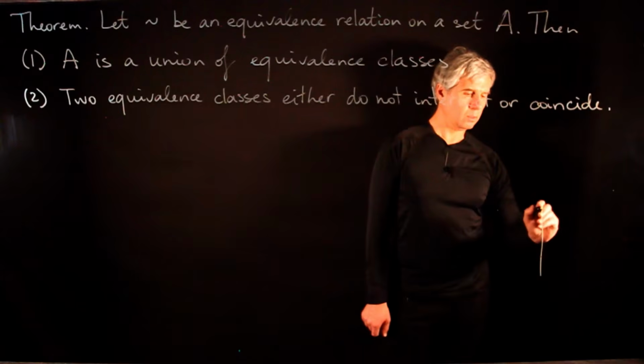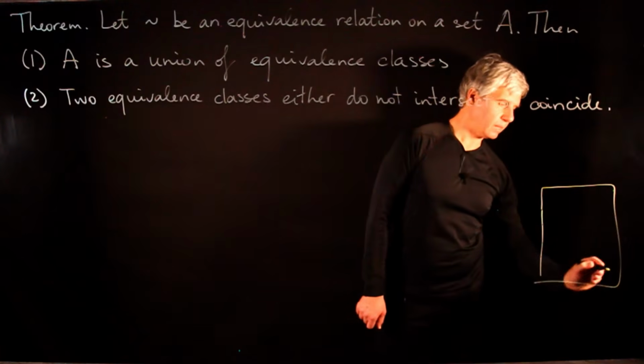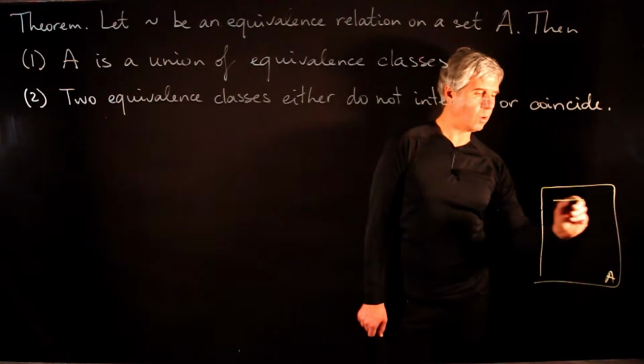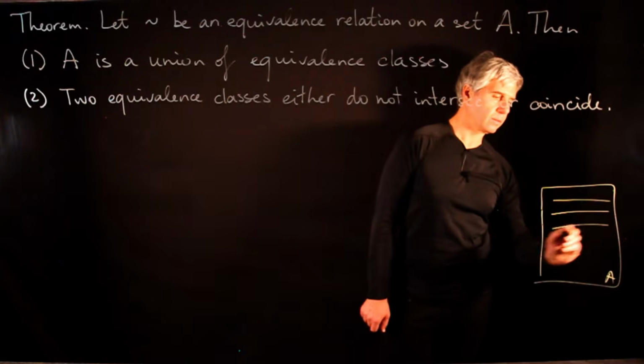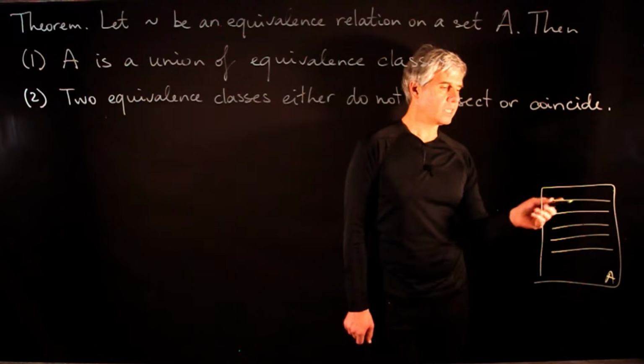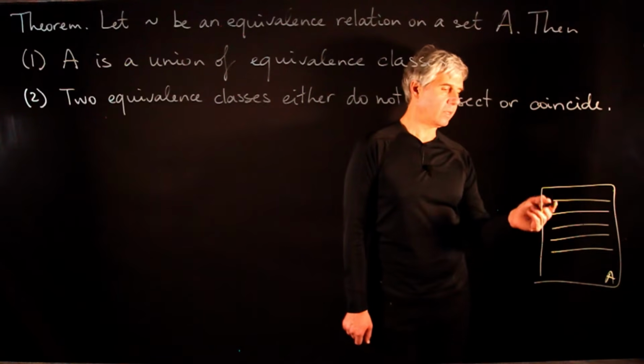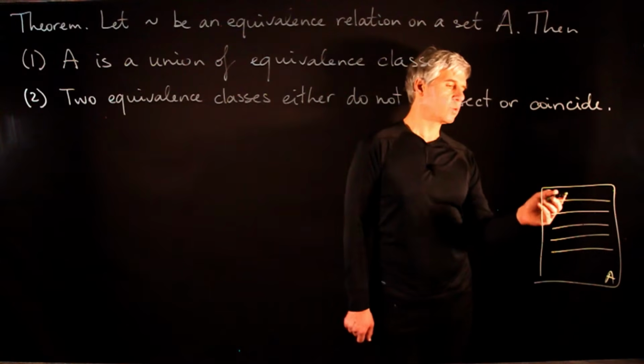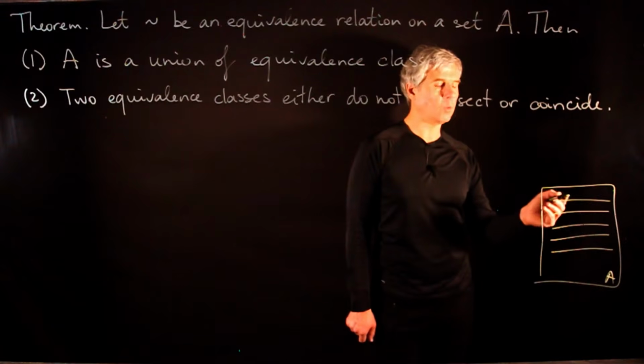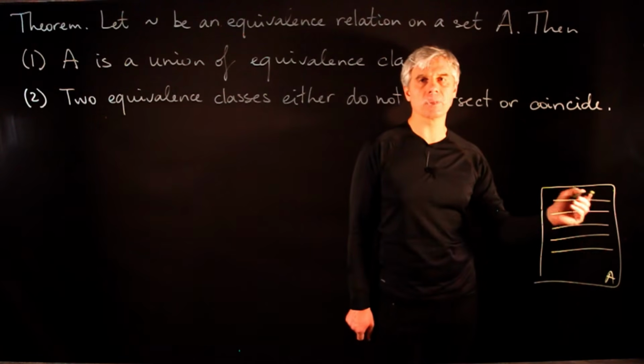So here, if we take the set A and draw equivalence classes, then we are saying that A is covered by the equivalence classes, and these equivalence classes do not overlap, or if they overlap, then they are completely equal.